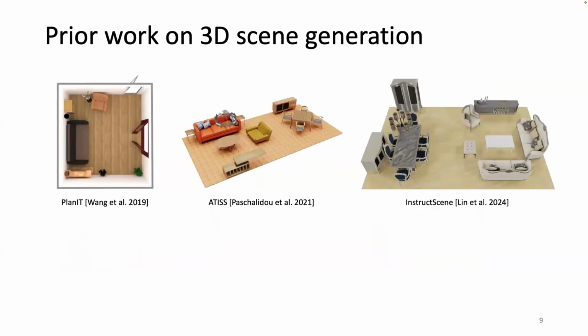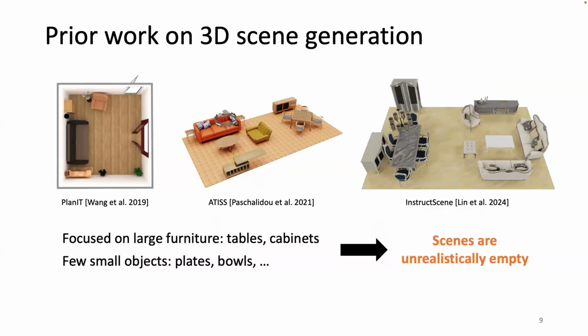And this is addressing a particular limitation of prior work on 3D scene generation, of which there have been quite a number of papers. That limitation is that it's focused primarily on large furniture items, objects such as tables, chairs, and so forth, and not as much on smaller objects, in particular objects that convey the rich detail of the real world.